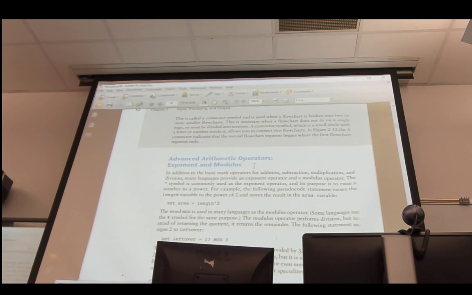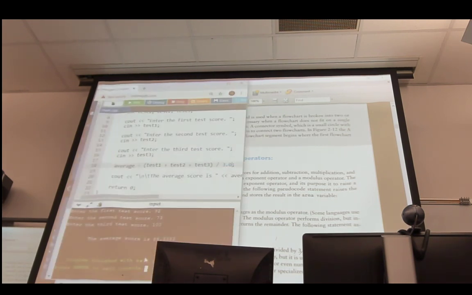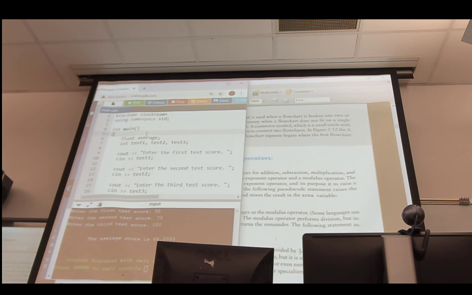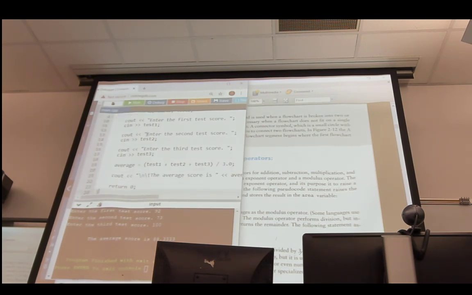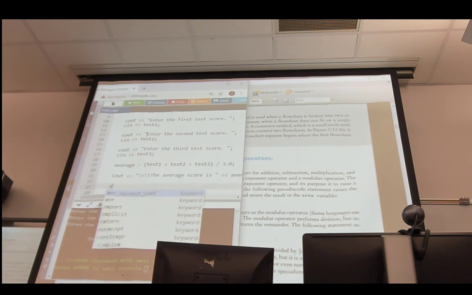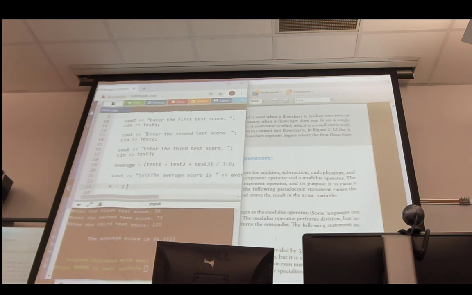All right, so now let's look further on. Now, this here, like I say, with some compilers it works, some it doesn't. So let's go back to our program, and let's say we do something like int x. And then I try to do something like x is equal to 2, what I tell you, carry 3. So that should give us 8.